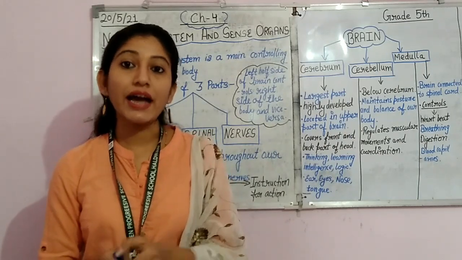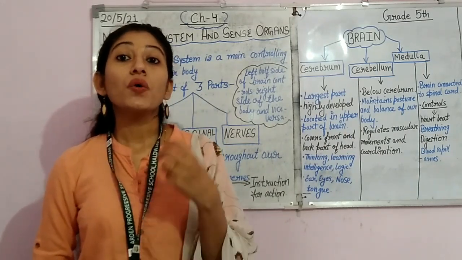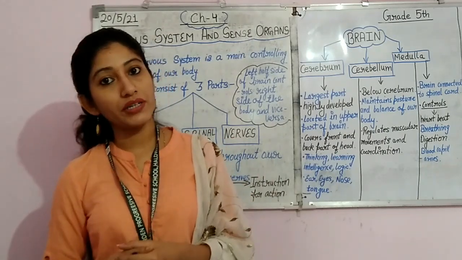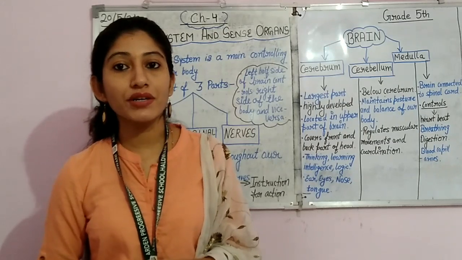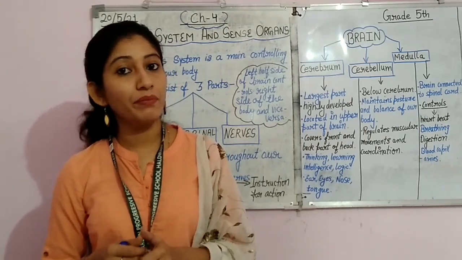So we can say that the role of the nervous system is to coordinate and make function of our body.